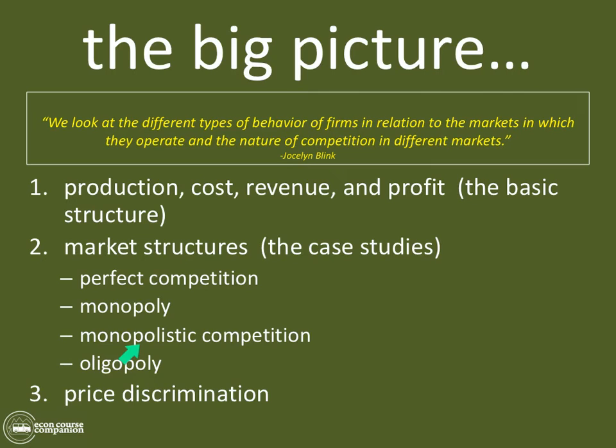But you're not working in a sushi market. The structure you're working in is the dining market, the going out to dinner market. So if you price your sushi too high, you're not going to have anyone go to your restaurant. You've got to price your sushi relative to what a pasta dinner would cost at a good Italian restaurant, or a nice enchilada at a nice Mexican restaurant, or a steak at a nice steakhouse. So monopolistic competition is a unique product, but in a different market.